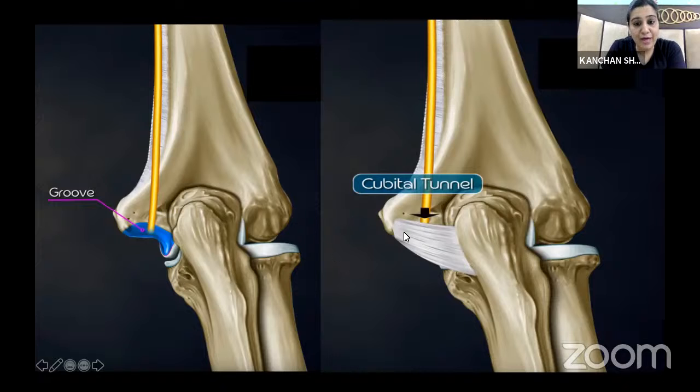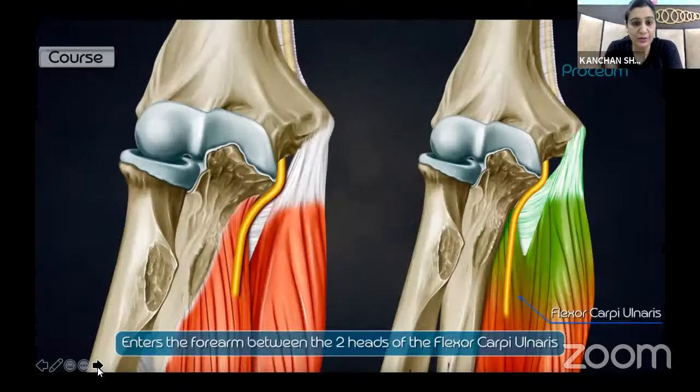There is a fibrous band like thing which is connecting the medial epicondyle to this olecranon process. Okay, and this is also known as Osborne fascia. Some say it's Osborne fascia, some say it is retinaculum. You remember it like, it is just a fibrous sheet. Whatsoever name you want to remember, you can do so.